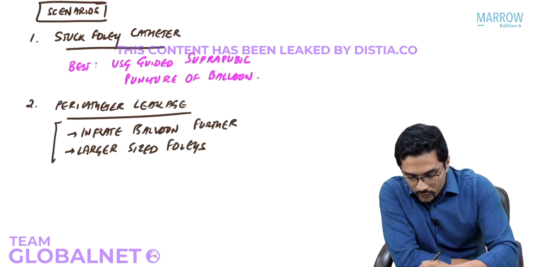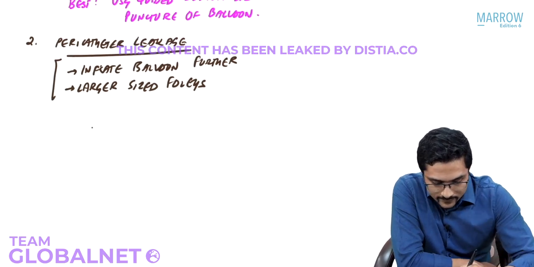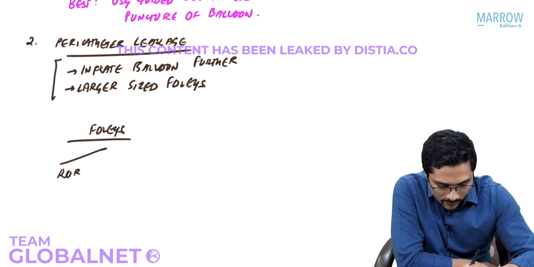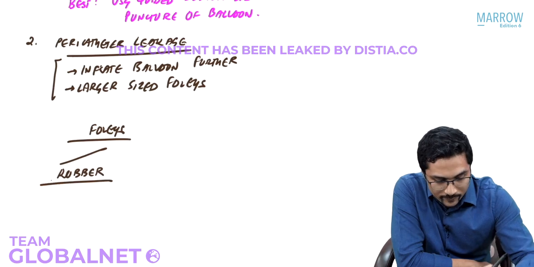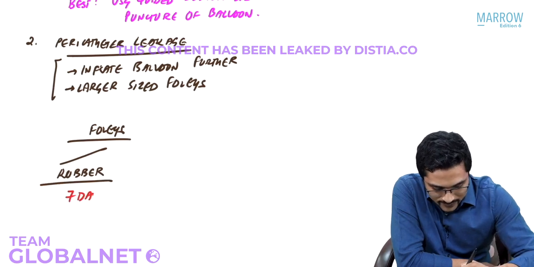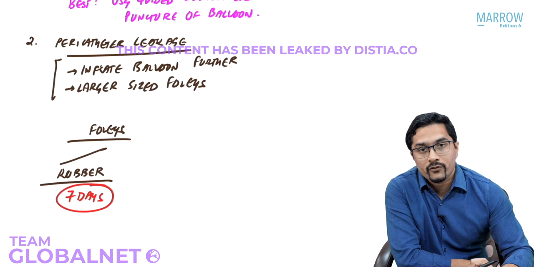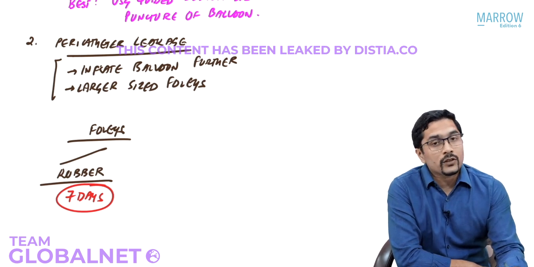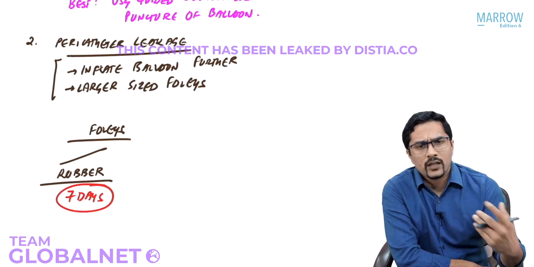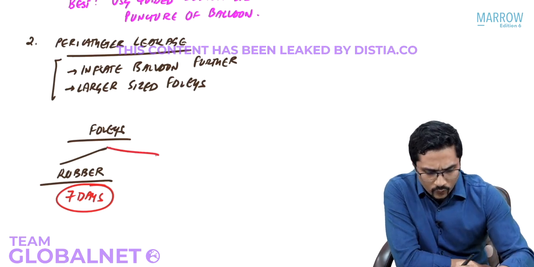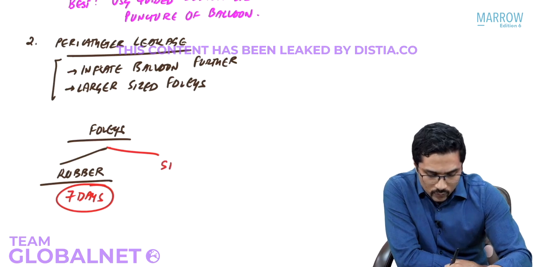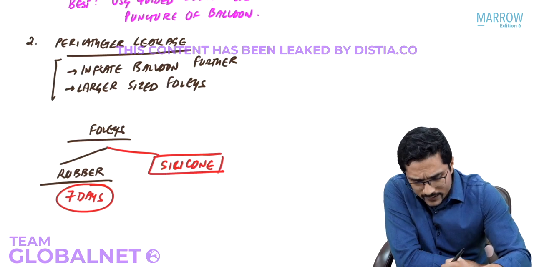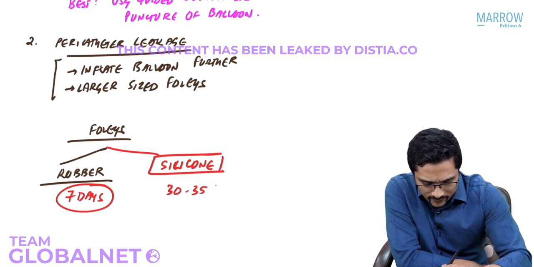Now, another thing which I want you to remember, that Foley's catheters can either be a rubber Foley's, and a rubber Foley's can be kept for 7 days, and then you need to change it after every 7 days. But there are patients who require Foley's catheterization for a longer duration, especially bedridden patients, and in those patients we use a silicone Foley's, and a silicone Foley's can be used for 30 to 35 days.